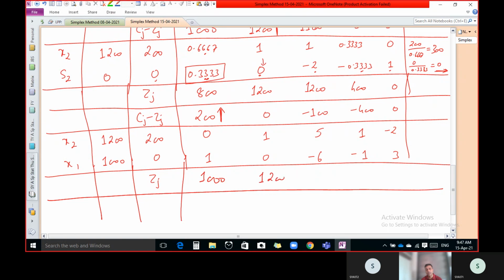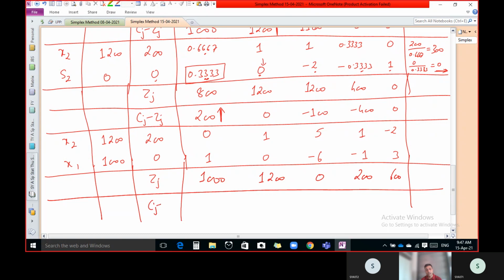So we get 1200. 1200 into 5, that is 6000. And 1000 into minus 6, that is minus 6000. So the total of that is 0. 1200 into 1, 1200, and 1000 into minus 1, that is minus 1000. 1200 minus 1000, we get 200. Now this, minus 1200 into minus 2, minus 2400, and 1 into 3000, 3000 minus 2400, that is what, 600.